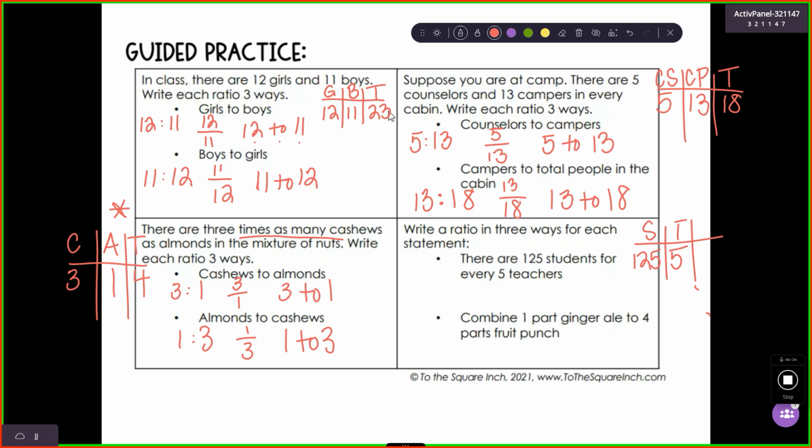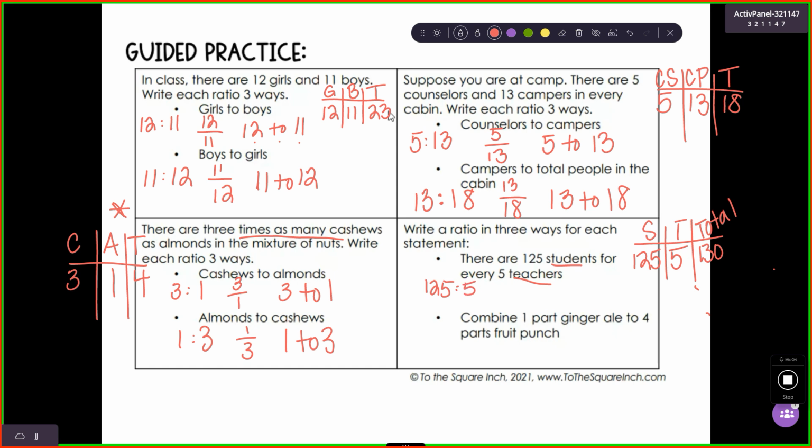Well, what's the total? You could just put T for total, but did we already have a T? Okay, for teachers, right? So 125 plus 5 is 130. Go ahead and write that. 125 to, what did they say first? Students to teachers.